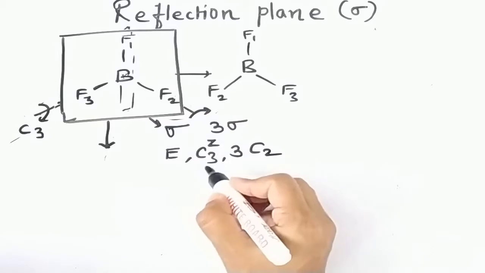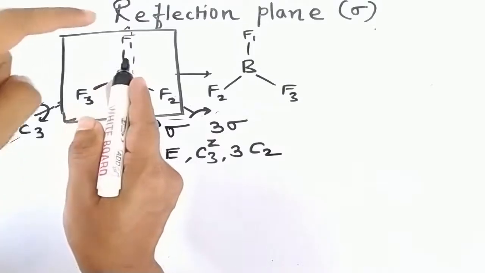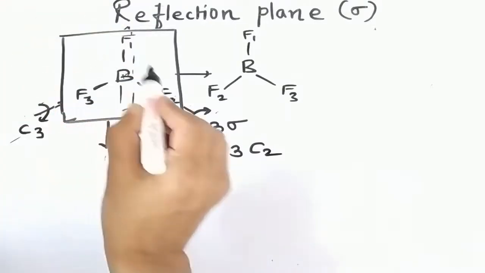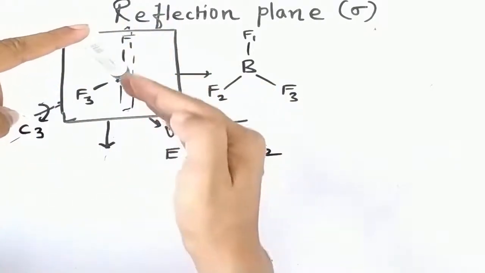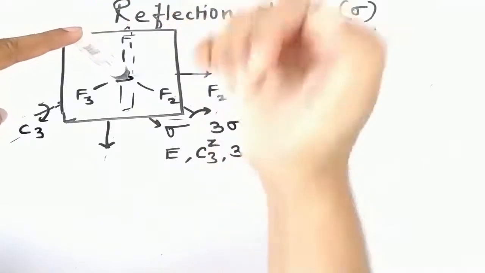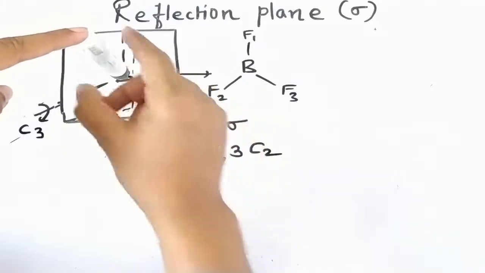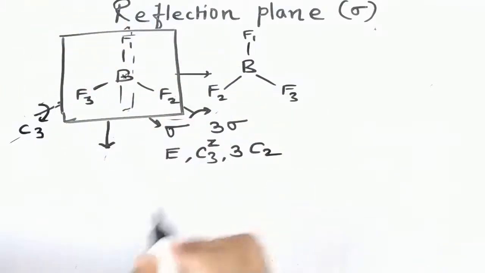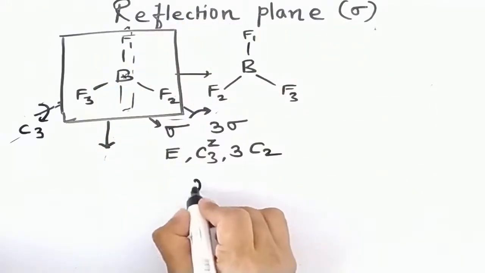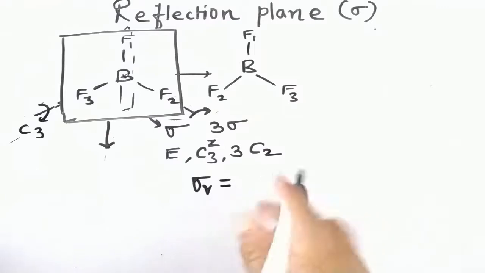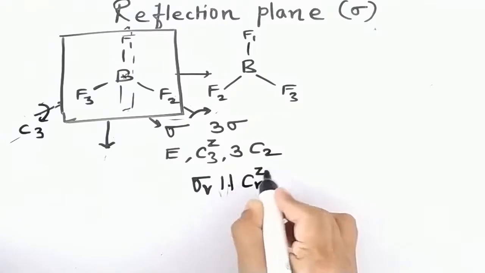As this is the principal axis, the three planes which are parallel to this principal axis, that is C3, passing through BF2, then F1B and this one, all these planes which are parallel to the principal axis will be termed sigma verticals, because they are parallel to the principal axis Cn, that is C3z in this case.